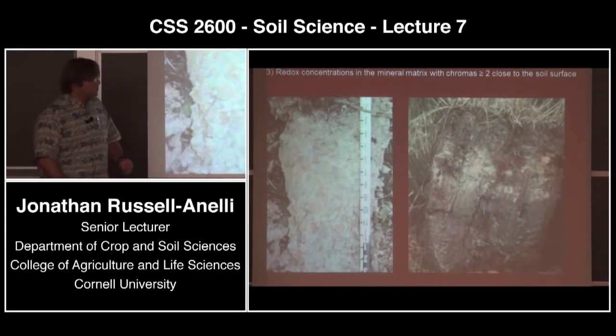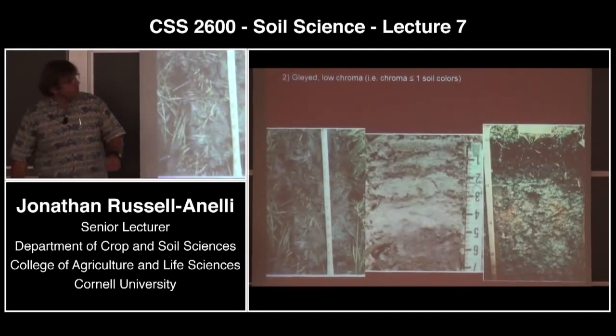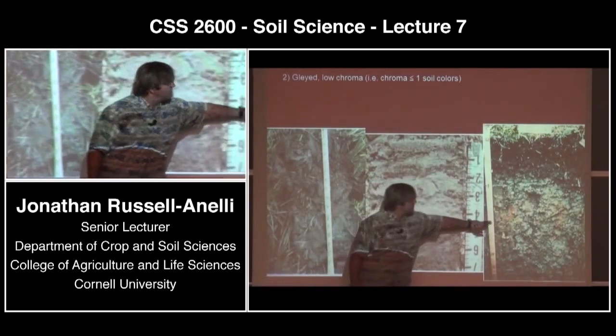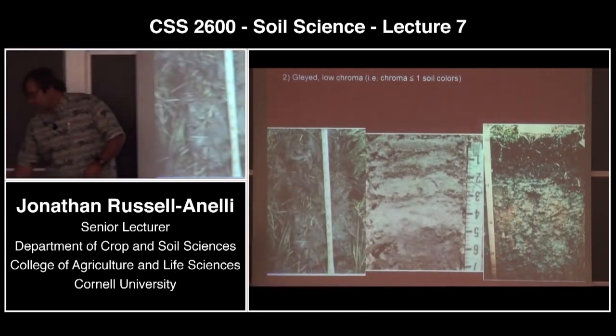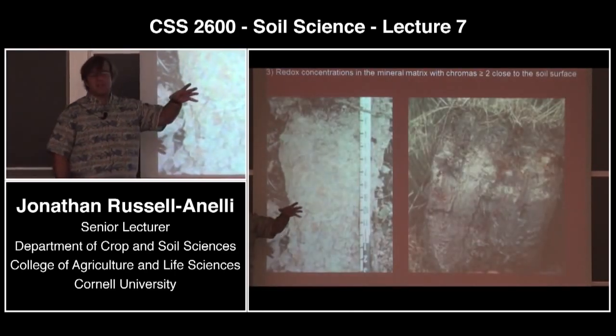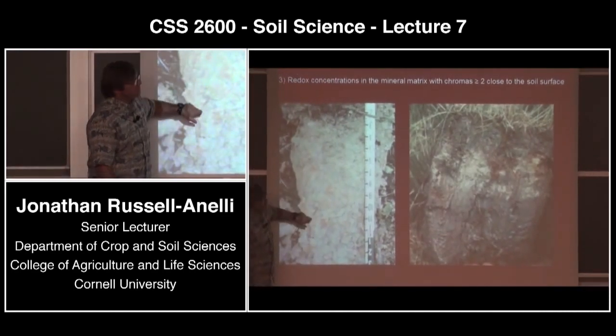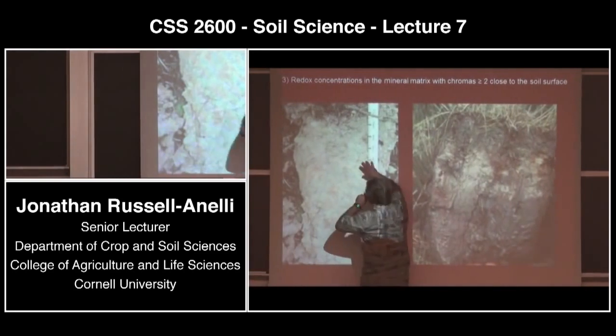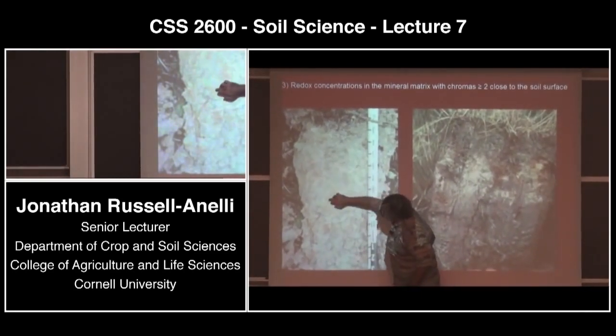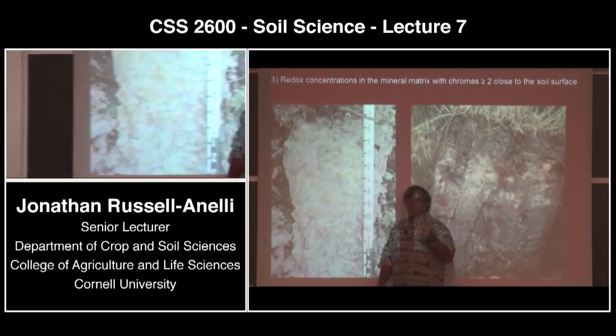Here's some redox concentrations. I sort of introduced that with this one in this picture right here. But let's start talking a little bit more about these. We're going to talk a lot about these in lab as well. But you start seeing these red masses in here. So we have the oxidation features. Oh, I forgot to say this.